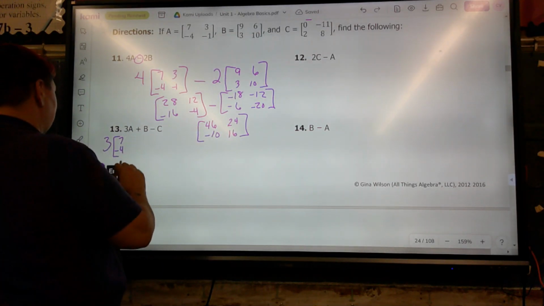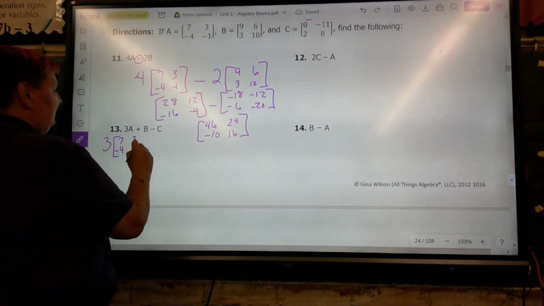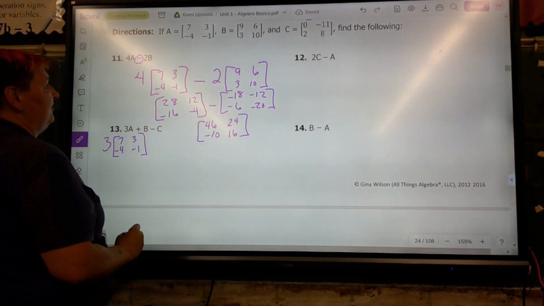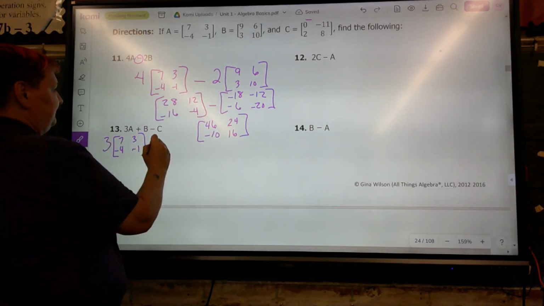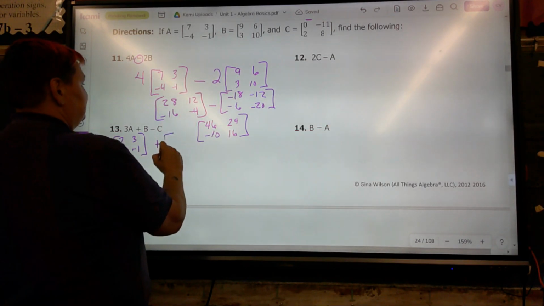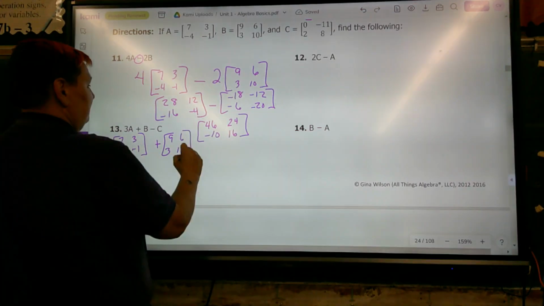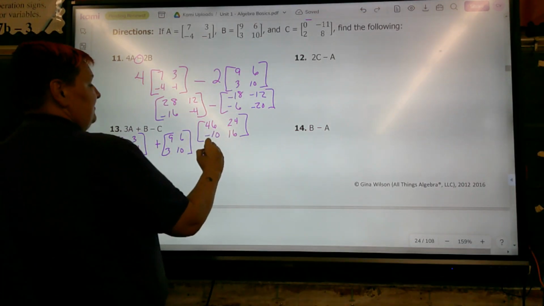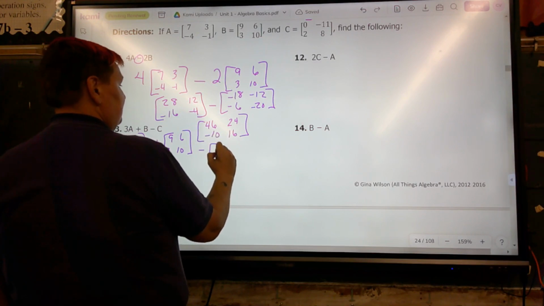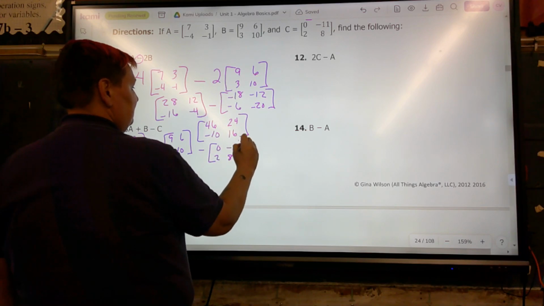So if you can't tell, fix it. Leave space, negative 1. And then it's plus B, so plus 9, 6, 3, 10, minus C, which is 0, negative 11, 2, 8.